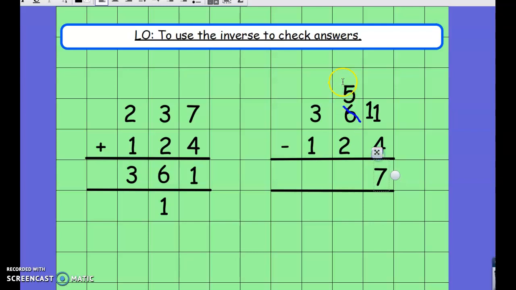And then I've got 5 tens take away 2 tens, which is 3 tens. Oh, it's looking good so far. 300s take away 100 is 200. Okay, so you can see how I work this question out. And then I've used the inverse to see if I get to the same number, and I did. So I would think that my answer was correct.